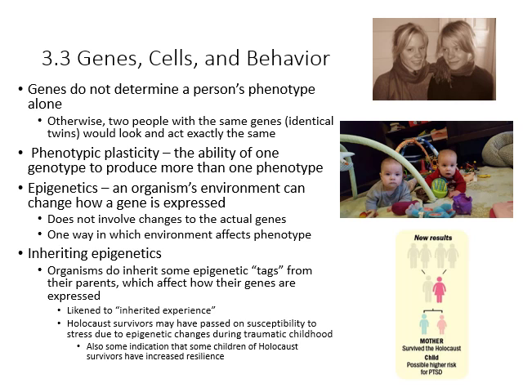One notable example is that in Israel, they did a study where they found that Holocaust survivors may have passed on susceptibility to stress due to epigenetic changes during their traumatic childhood. These were Holocaust survivors who had been in concentration camps and, of course, had extremely traumatic childhood experiences. This changed their own epigenetics.